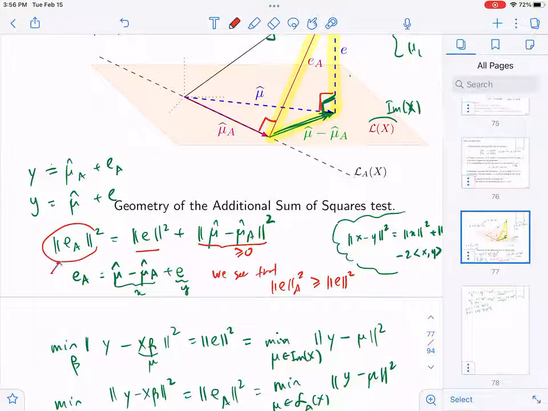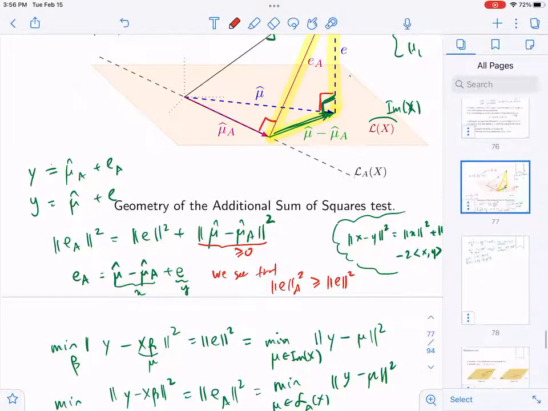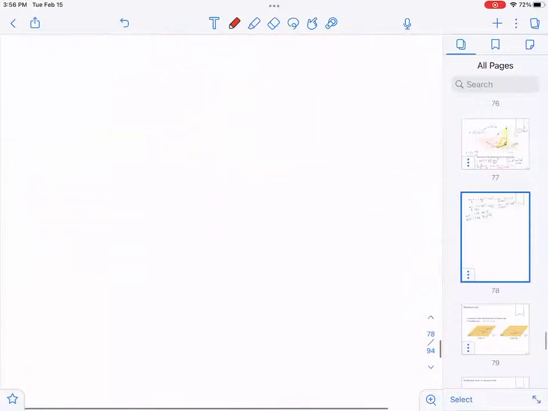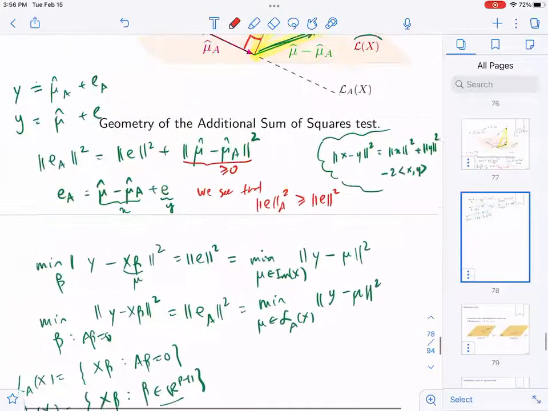If this is very far from this, it means the full model is doing a much better job, and we can guess that the null is probably not true. So, any questions about this figure?